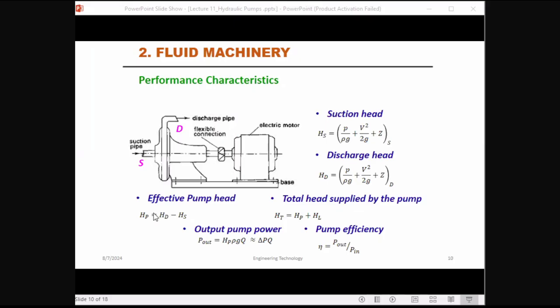Okay, HP means effective pump head, HL means losses in pumps. Then pump efficiency you can calculate using P out divided by P in. P out is the output power, and you can calculate P out using this equation: H rho G Q.